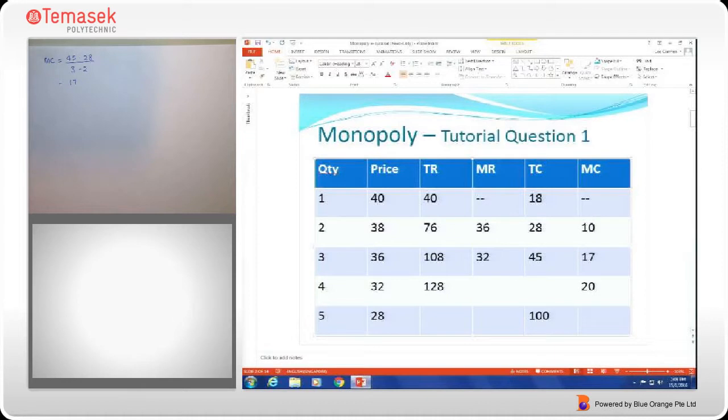To find marginal revenue, once again, you use the change in total revenue, which is, in this case, 128 minus 108 divided by 1, so you get 20. Now total cost, once again you're given marginal cost as well as the previous total cost. So we simply use 45 plus 20, which gives us 65.